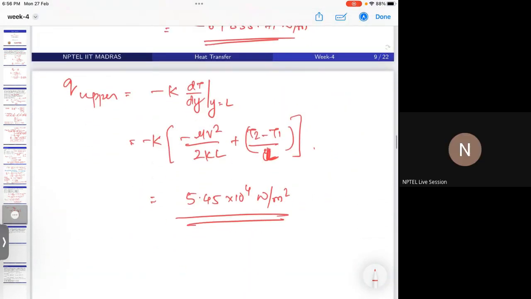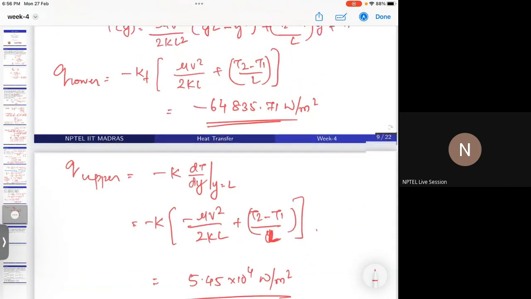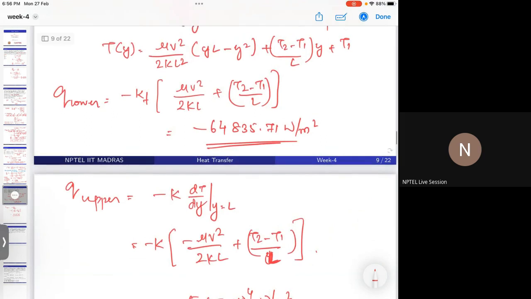So this was a little bit lengthy question, so I just split it into three, four parts. A similar kind of question can also be asked where both the plates are at the same temperature, or both the plates are stationary with a pressure gradient. Accordingly, it's like a fluid mechanics problem.